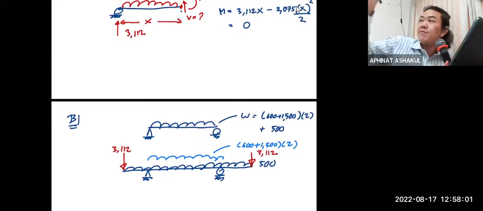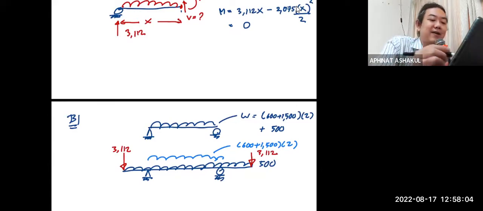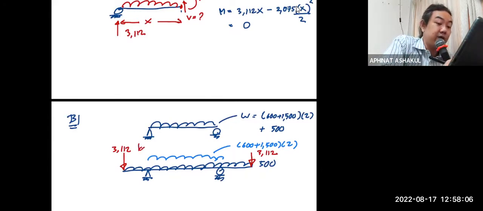Forgive me, I sometimes don't write the unit. Actually you should always do it. Sorry, kilogram force per meter.